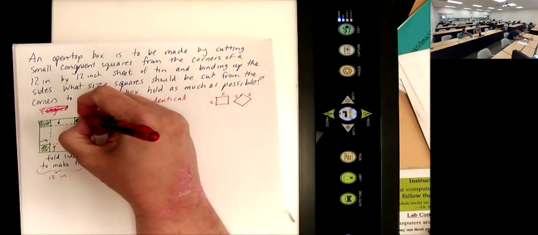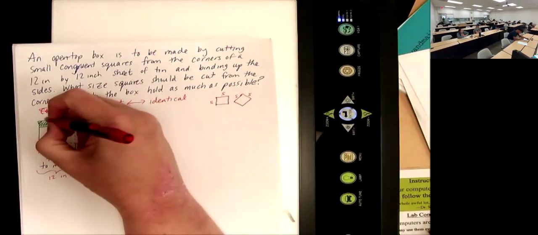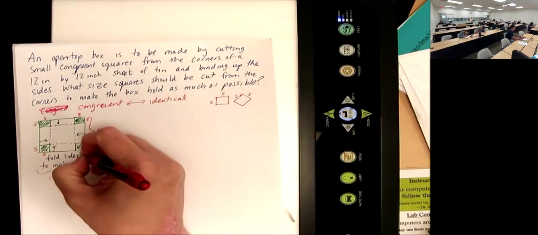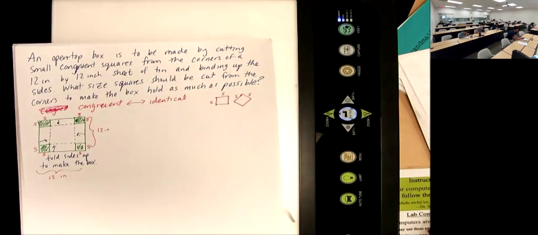If you want to use X, you can, but it's a square, so I'm going to use S. Okay, so that's my picture.